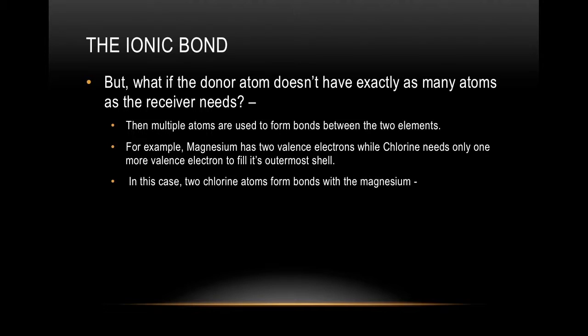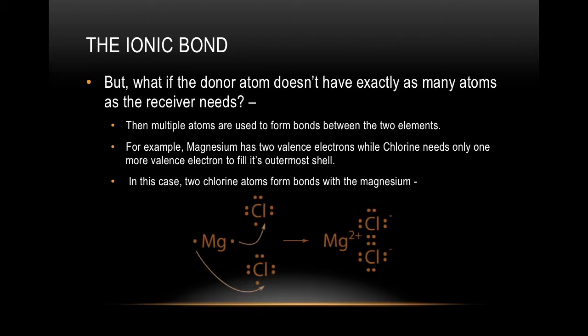So in this case, 2 chlorine atoms form bonds with magnesium. Basically, the magnesium gives two electrons to two different chlorine atoms, and it doesn't have to be chlorine atoms. It could be any atoms that need one valence electron. Magnesium gives one to chlorine, as you can see in the diagram, and the other one to another chlorine atom, which gives magnesium a charge of 2 positive.